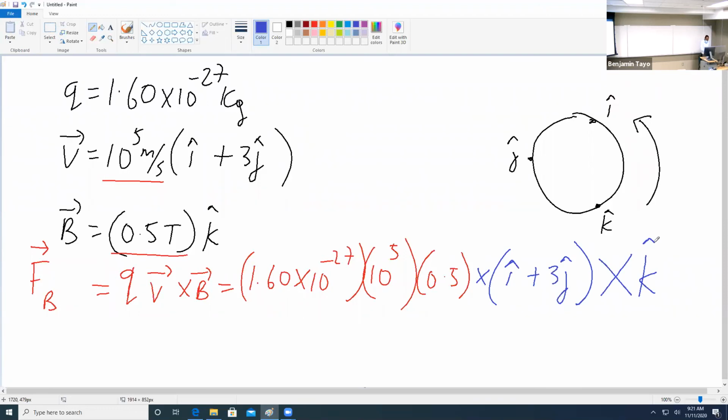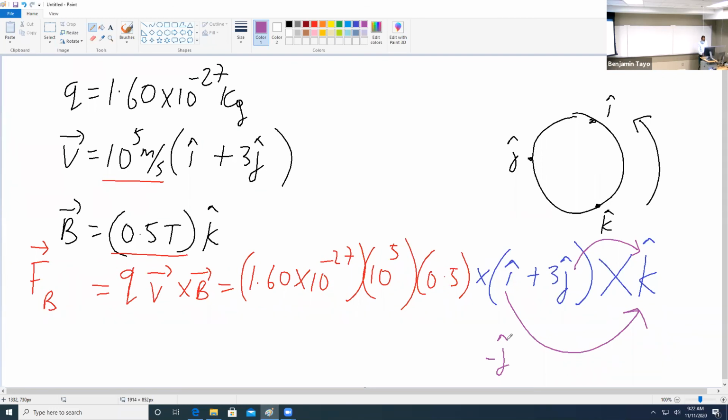And then this is where I'm going to say that when I cross this, I can cross I and K, and then I can cross J and K. Now, do you see that when you cross I and K, what do you get? Negative J, because going from I to K, we're going in the clockwise direction, and clockwise is negative, right? How about J and K? Plus 3I.